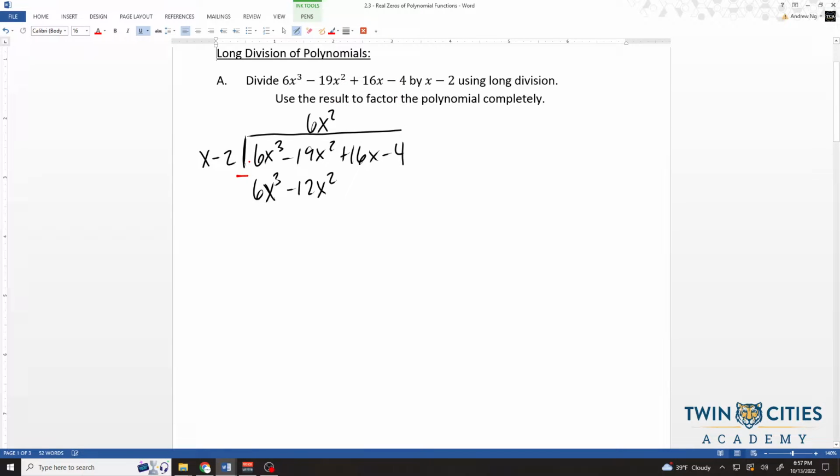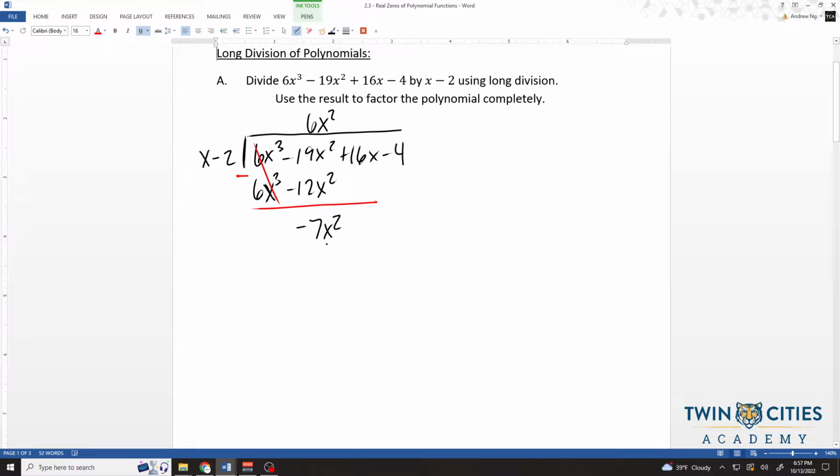Now you'll notice that this 6x to the third and this 6x to the third are exactly the same. It's identical, and it has to be because these are going to subtract out. And that's going to leave negative 19x squared minus negative 12x squared, which is negative 7x squared.